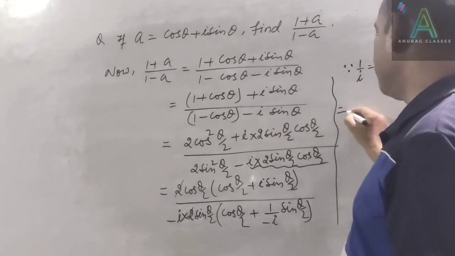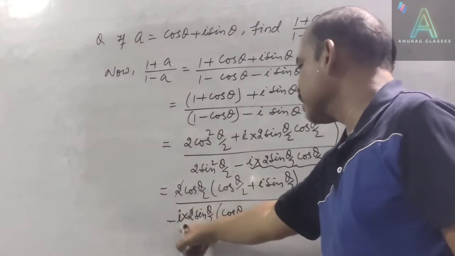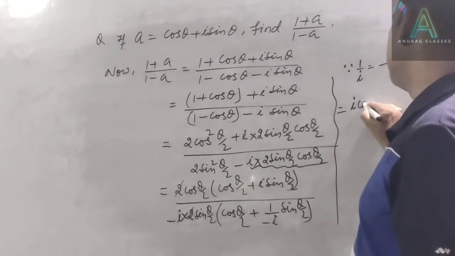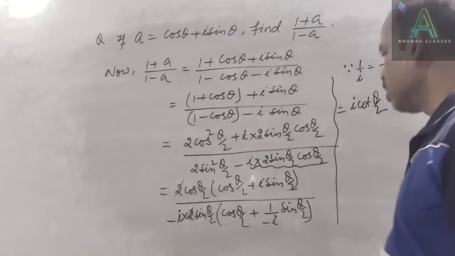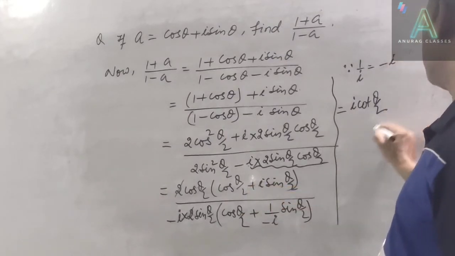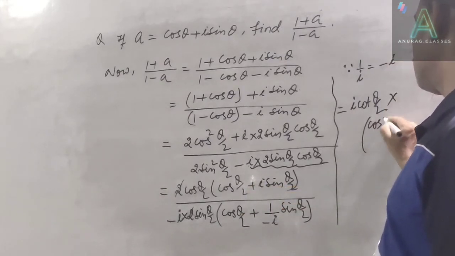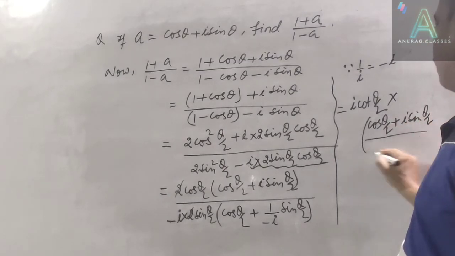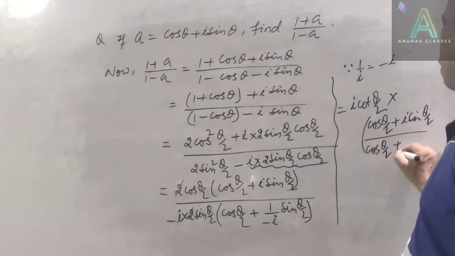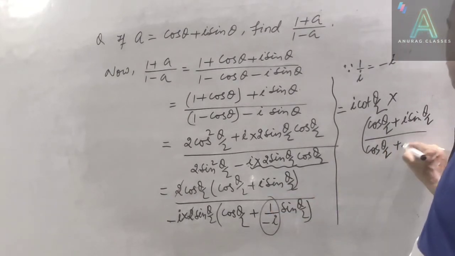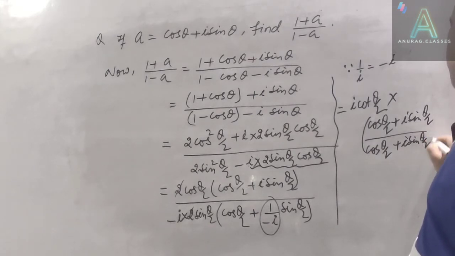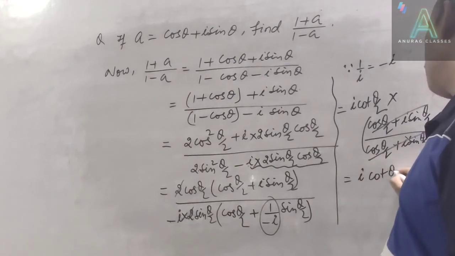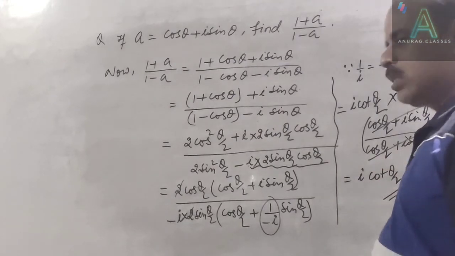So it comes to be minus iota, cos theta by 2 by sin theta by 2, cot theta by 2, and here it is cos theta by 2 plus iota sin theta by 2 whole divided by cos theta by 2. Again it is plus iota, so plus iota sin theta by 2 cancelled, and simply we are left with iota cot theta by 2 as your answer.